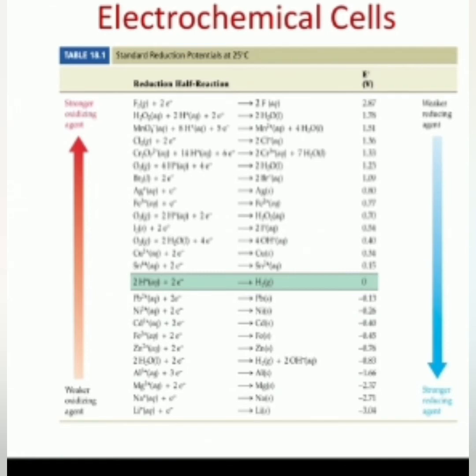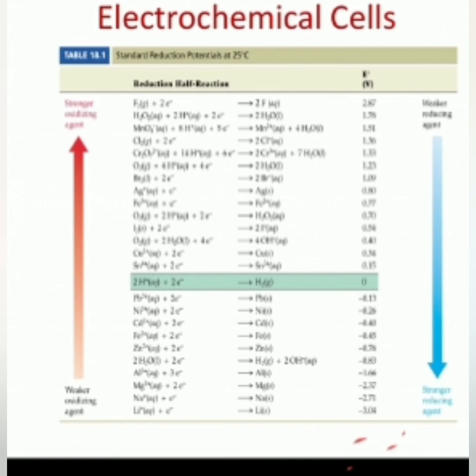This is the electrochemical series. It is very important to know which one is a stronger oxidizing agent and which one is a stronger reducing agent. Here we can see the ion which has the highest negative standard electrode potential, minus 3.04, is lithium ion.